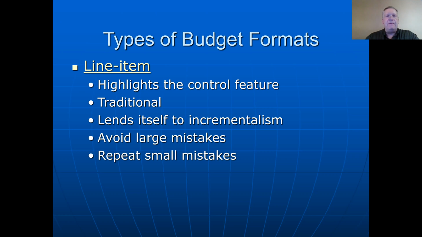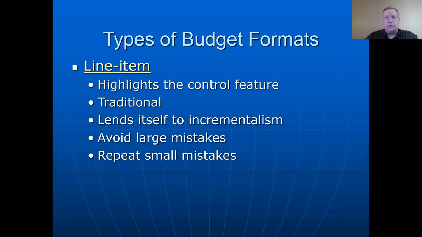So we see the advent of line item budgeting in the early 1900s, whereby we start to delineate which items we're spending money on. And so in a basic classic line item budget, like you see used in just about every local government, you will see that budget highlight, here's what the money's being spent on, and here's the amount of money we're spending.